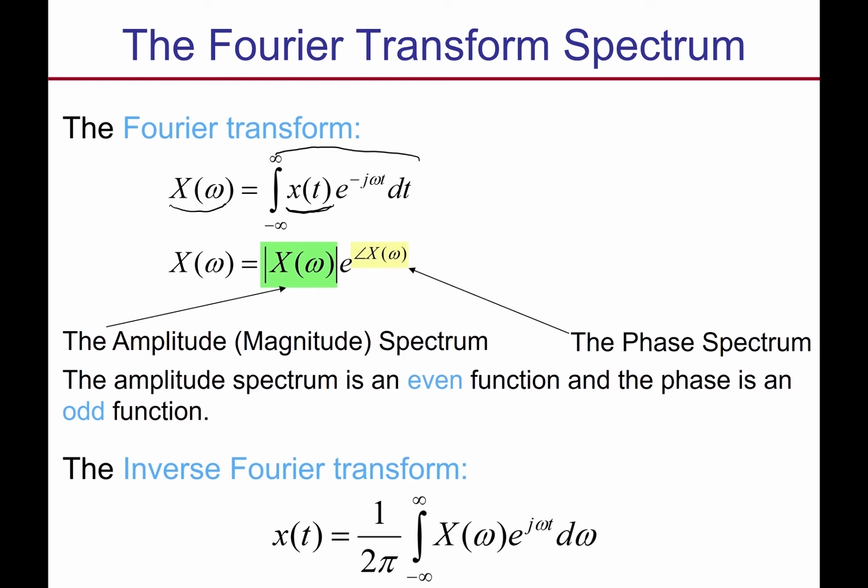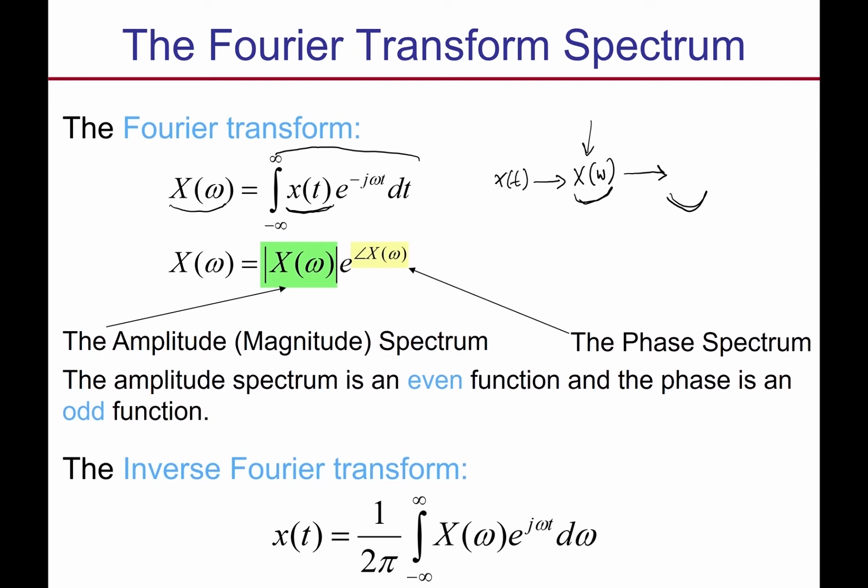Let's say you take x of t, you find its spectrum, x of omega, you process that spectrum, enhance frequency, delete frequency, eliminate, and so forth. How do you convert then a signal in the Fourier transform back to its time domain, so I can hear it, I can see it, it can make sense to me?